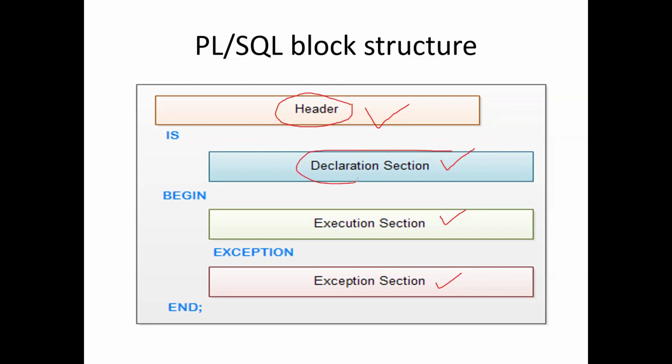The declaration section is also optional, but whatever is included between begin and end is a mandatory section of your PL/SQL program. Whatever you are writing between begin and end is the executable part of your PL/SQL code. That's why you have this execution section and the exception section.